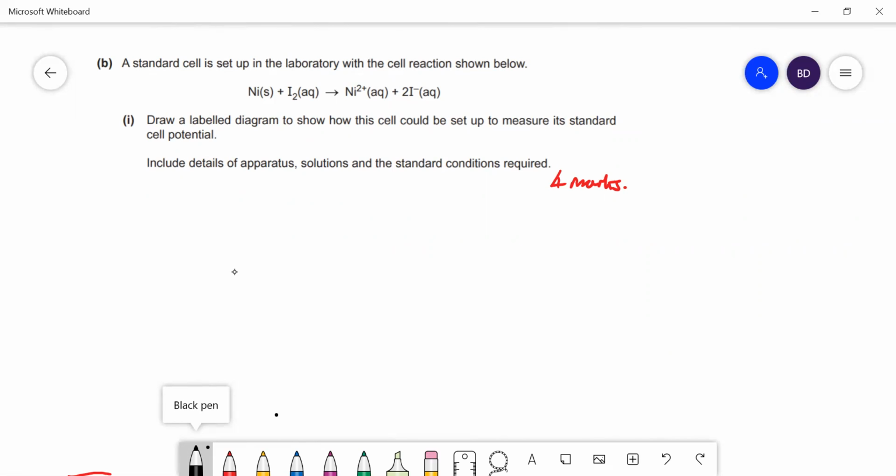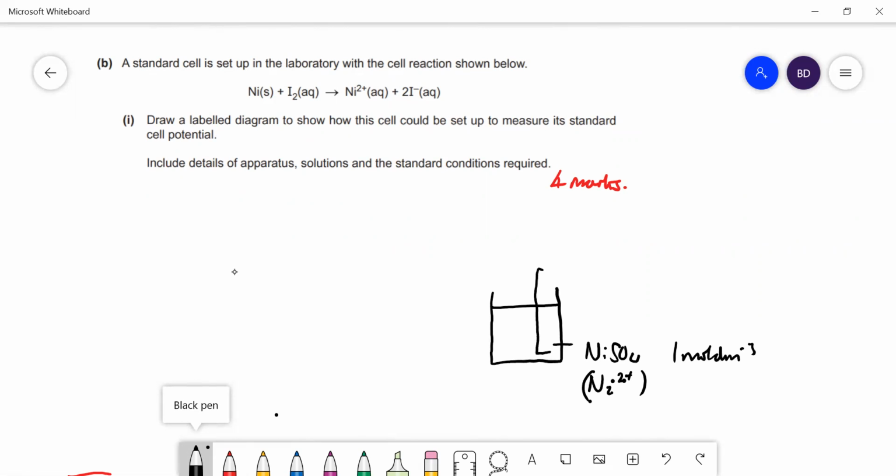So we want a beaker of nickel sulfate probably, basically 1 mole per decimeter cubed. Any nickel salt will do. And then we're going to have a strip of nickel metal in there, the element. Okay, because we've got that there.